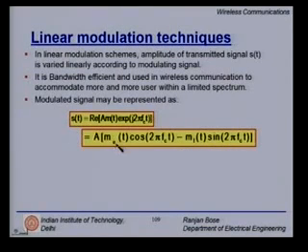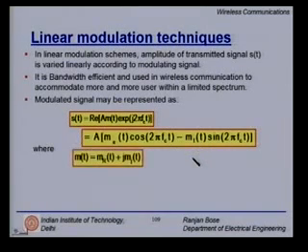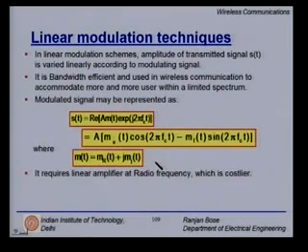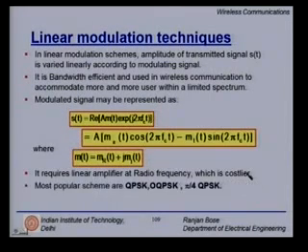M subscript r is the real part and m_i is the imaginary part. m(t) can be written as follows. It requires a linear amplifier at RF, which is costlier, and some of the popular schemes within the linear modulation techniques are QPSK, offset QPSK and pi by 4 QPSK. We will talk about each of them as well as the BPSK in detail today.